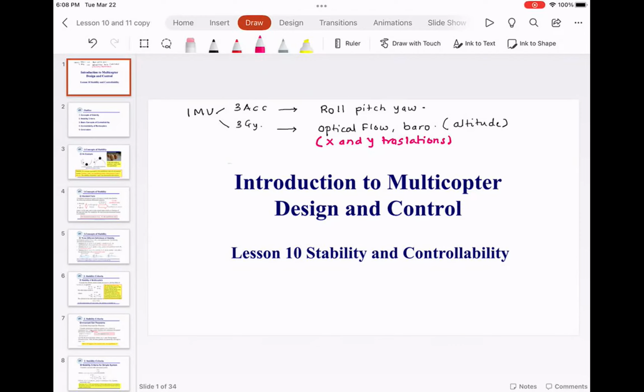So let me tell you what's going to happen next. In today's lesson, we will talk a little bit about the theory of stability. And then we will look at a very simple approximation of the dynamical equations. And then we will see how to program those equations in something called the flight code.